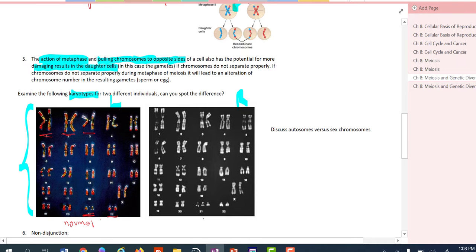But if we look over here on the right at chromosome 21, there happens to be an extra chromosome; rather than there just being the pair, 2, there's a third. And so this is what is called trisomy of autosomal chromosome 21.